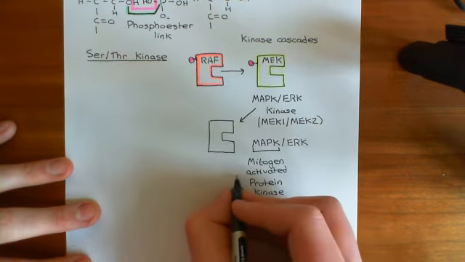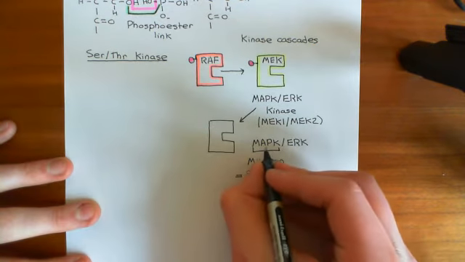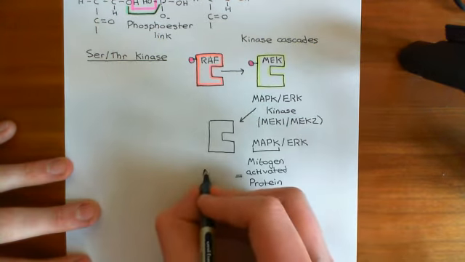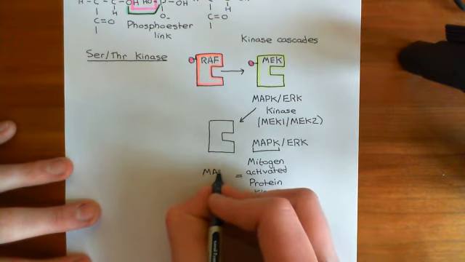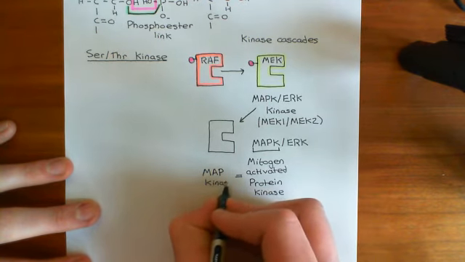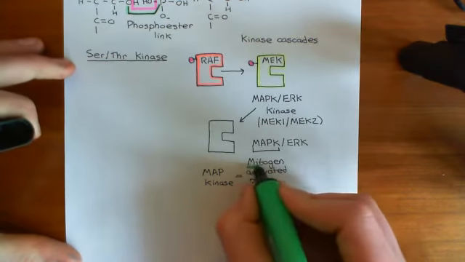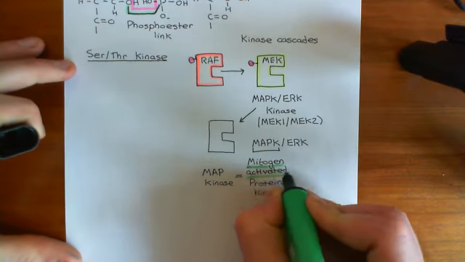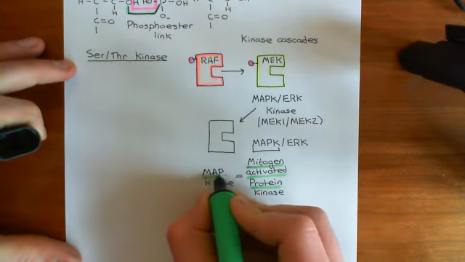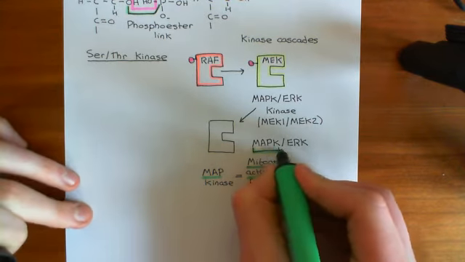Now, for short, the mitogen activated protein kinase is often abbreviated to MAPK, or more commonly you'll hear people refer to this as MAP kinase. So they'll abbreviate the mitogen activated protein bit down to MAP, and then they'll just speak the kinase, so they'll call it MAP kinase. That's the most common thing to hear this enzyme referred to as.